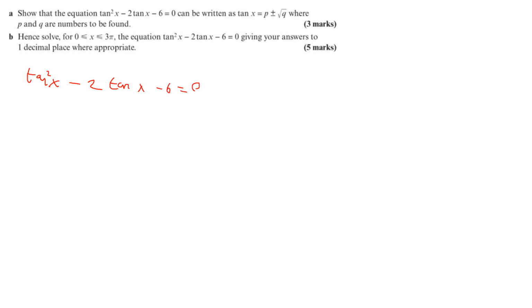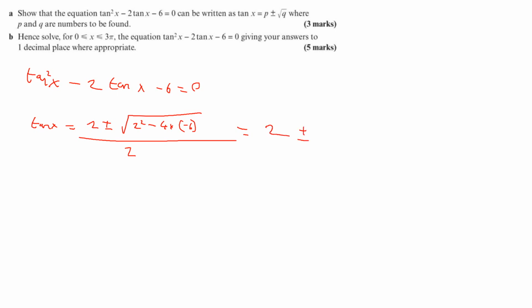That's a quadratic, so tan x is equal to 2 plus or minus the square root of 2 squared minus 4 times minus 6, all divided by 2, which is the same as 2 plus or minus the square root of 4 plus 24, root 28, over 2.